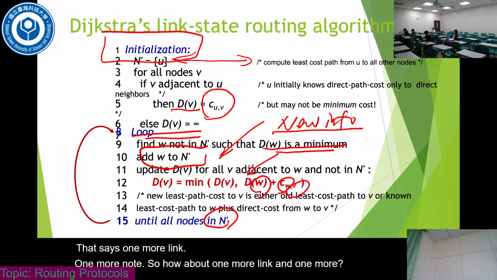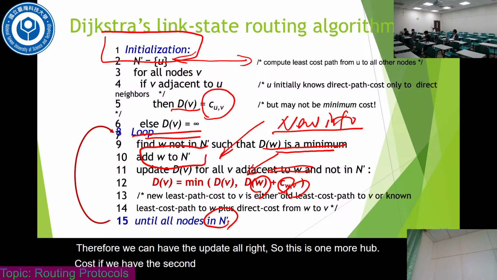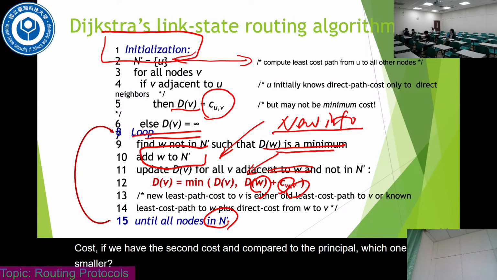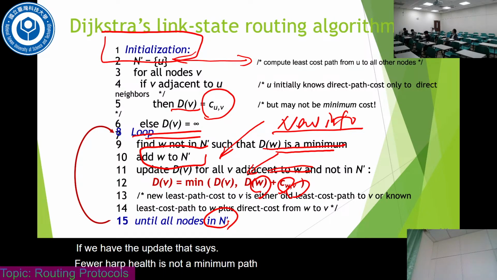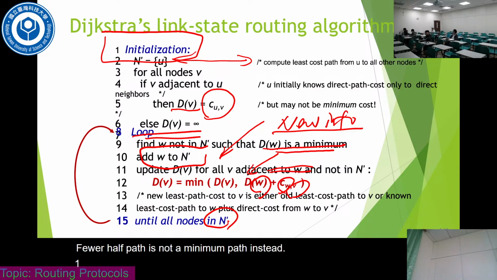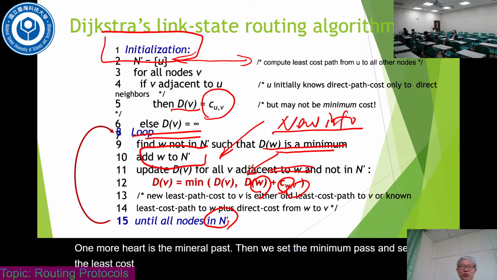Therefore, we can have the update. All right, so this is a one more hop cost. If we have the second cost compared to the previous cost, which one is smaller? If we have the update that says, oh, the fewer hop path is not the minimum path, instead, one more hop is the minimum path, then we set the minimum path and set the least cost, because yes, it's the true one.